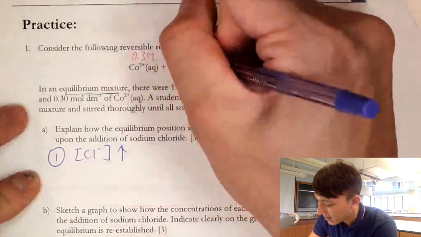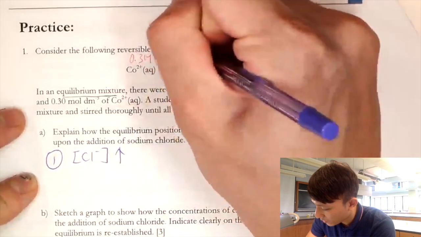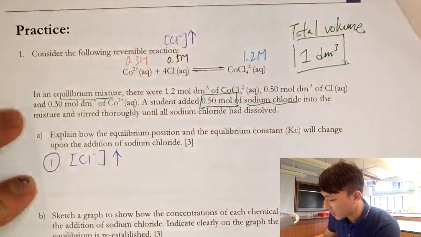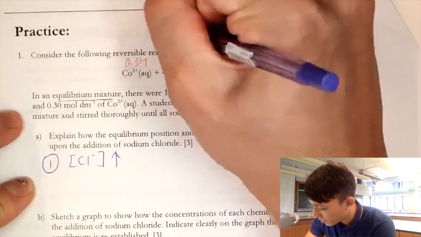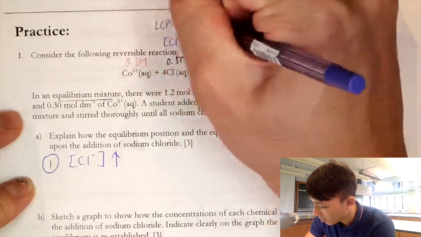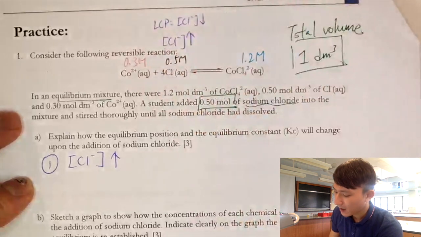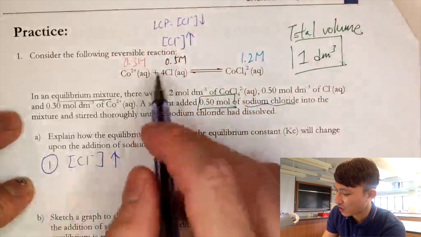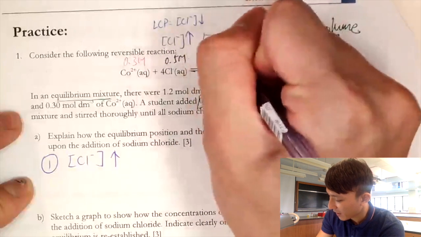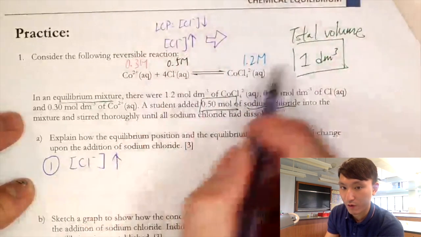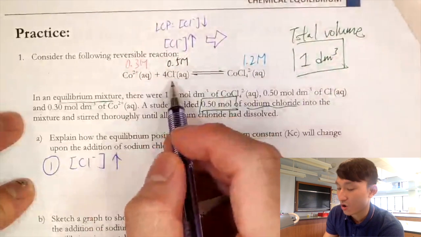Now, when the concentration of chloride ion increases, Le Chatelier's principle would say, oh, I want the chloride ion concentration to decrease in order to counteract the change. To do that, we have to shift the equilibrium to the right-hand side, to have a faster forward reaction so as to consume more chloride ions, right?